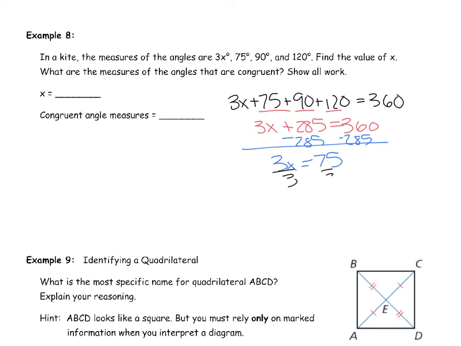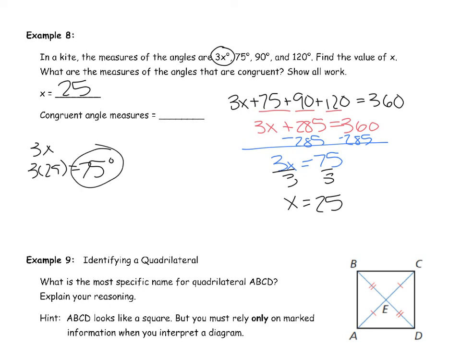Last step is to divide by 3, and x equals 25. So to figure out which angles are the congruent ones, I'm going to work with 3x, which is 3 times 25, which is 75. And if I'm not mistaken, we have one angle that's 75 degrees, and we have this other one that's also 75 degrees. So that would be our congruent pair.